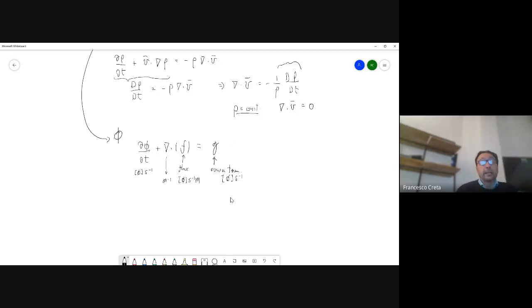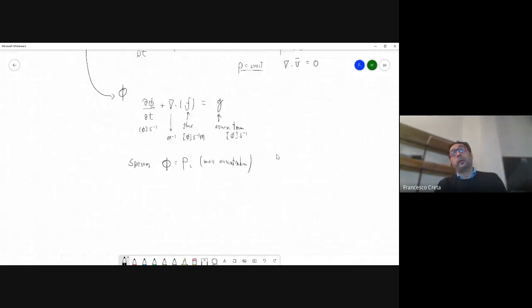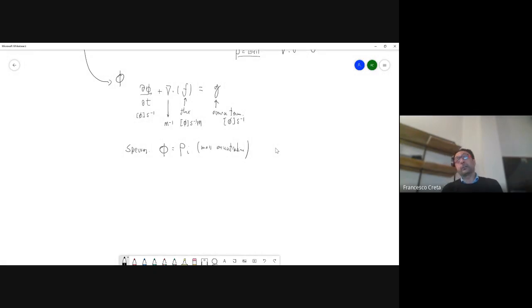So again, as I said, for species conservation, okay, we can consider phi as being, for example, the mass concentration, rho I, okay? That's why it's so important to know all the different ways of expressing the concept of concentration, okay?